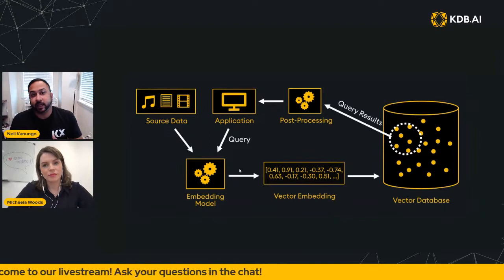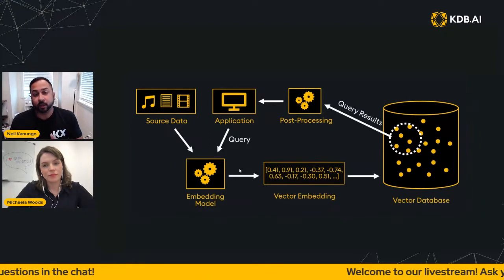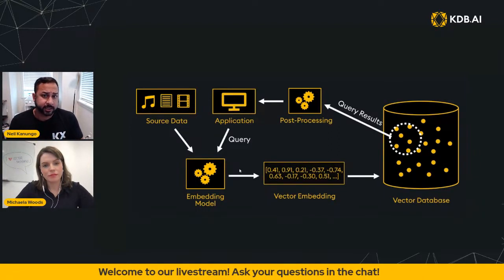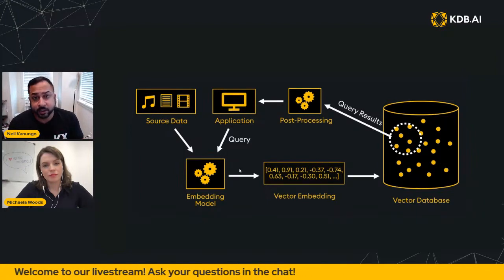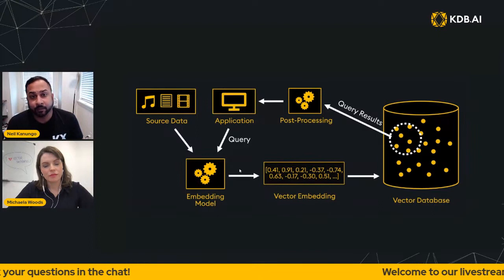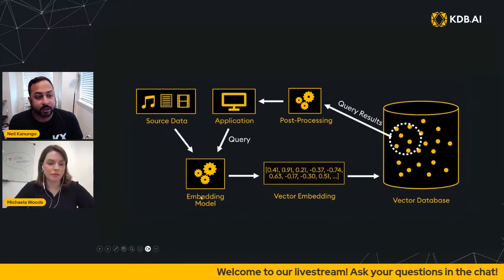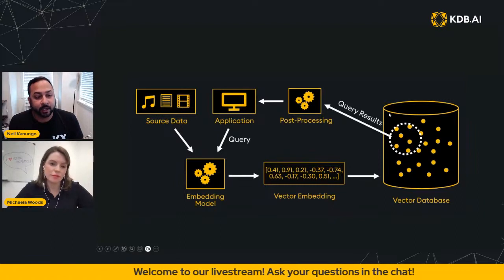But what vector databases do is they allow you to work with large language models or other applications and find more data that you can then feed back into your large language models, extending to your organizational data, more real-time data, more up-to-date data, improving your search. So that all works through an application, query, vector embedding, vector database, and post-processing.